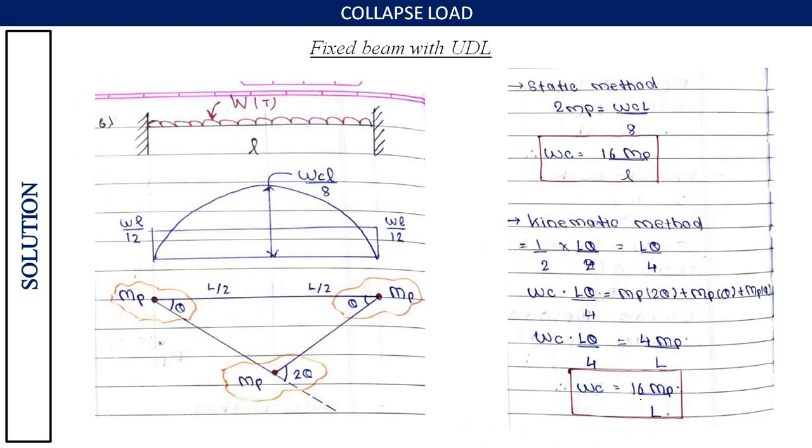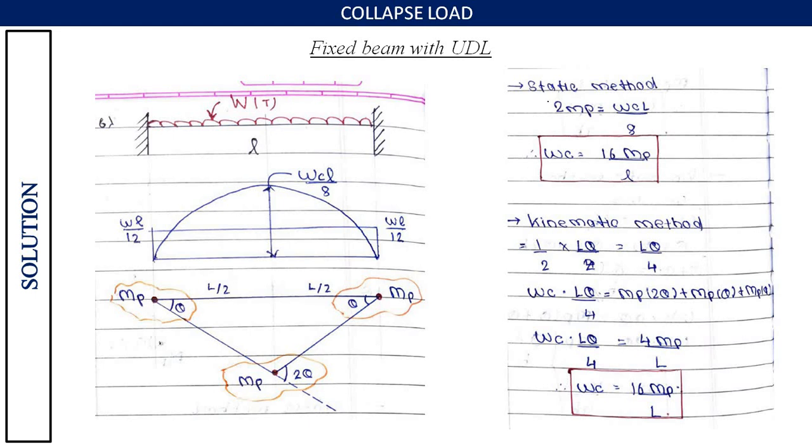Last but not the least, fixed beam with UDL. Here it is a fixed beam with UDL, and let us first see by the static method. The maximum moment will be WC L by 8, collapse load into total length of the beam divided by 8.